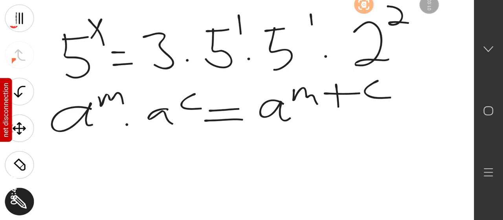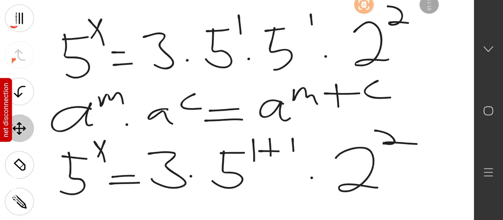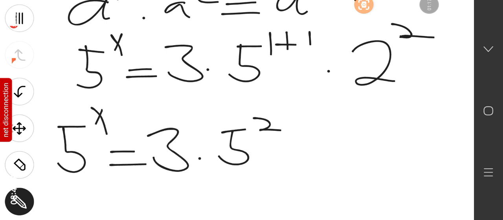So our equation becomes 5 exponent x equals 3 times 5 exponent 1 plus 1 times 2 squared. All right, so our equation becomes 5 exponent x equals 3 times 5 squared times 2 squared, okay?